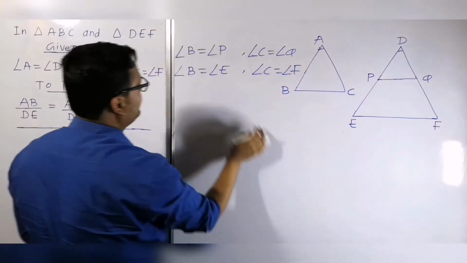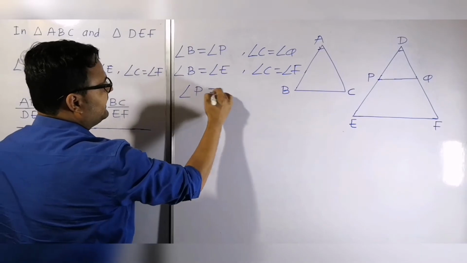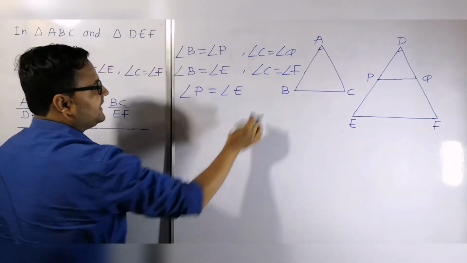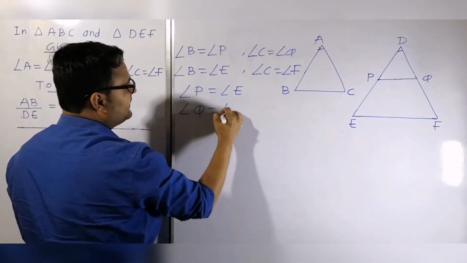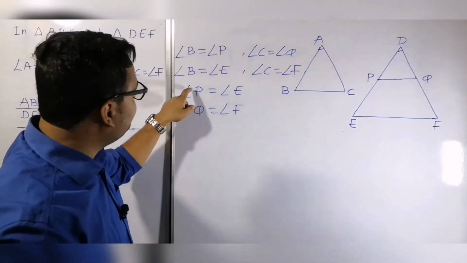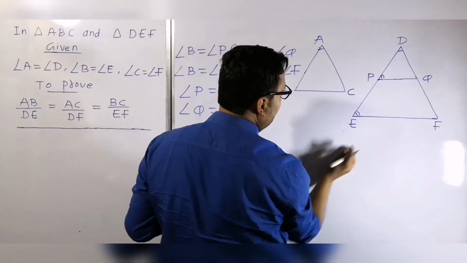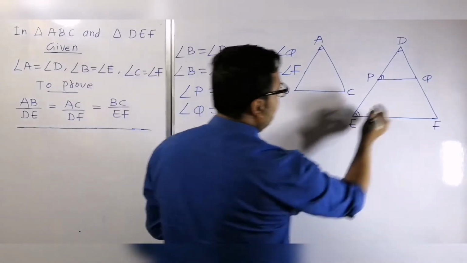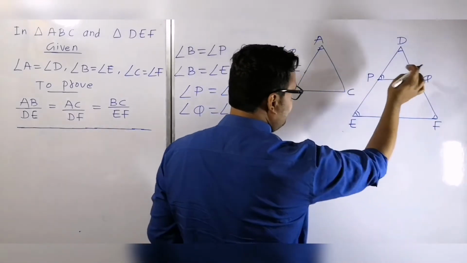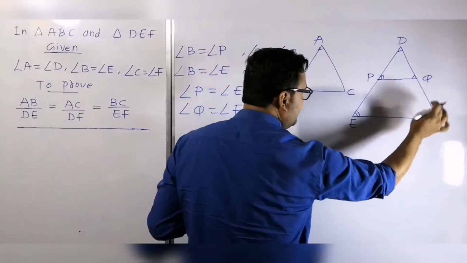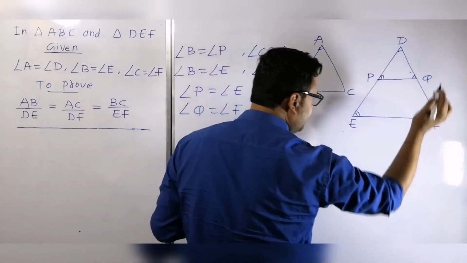Angle F. Now look, B is common in this one, so I can write here angle P equal angle E. Again angle C common, so we can write angle Q equal angle F. So this angle P equal to angle E, and this angle Q equal to angle F. Now look here, P equal E and Q equal F, and their corresponding angles.